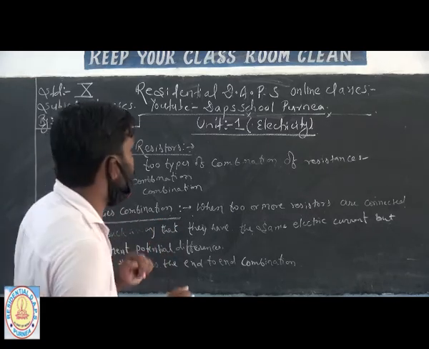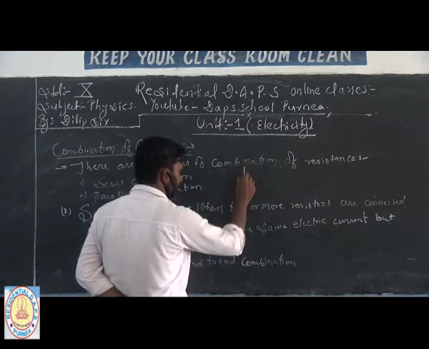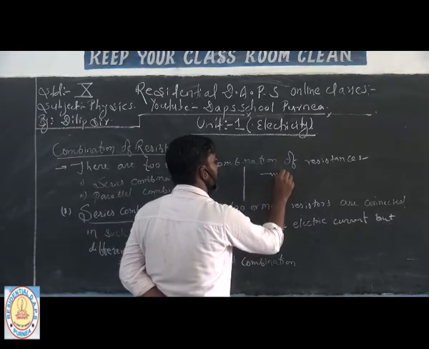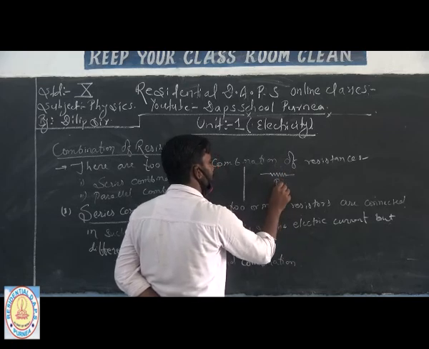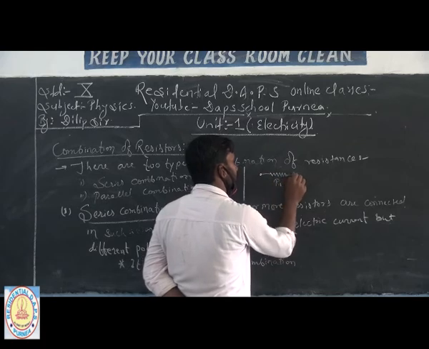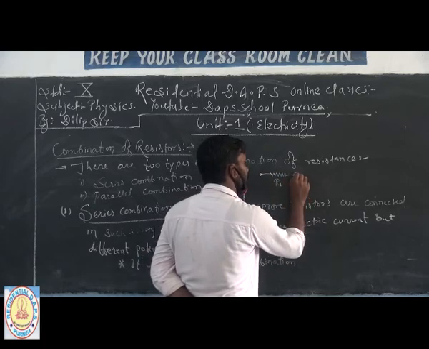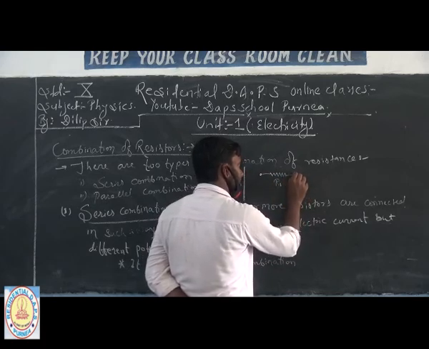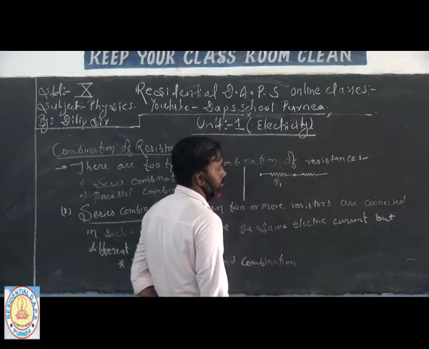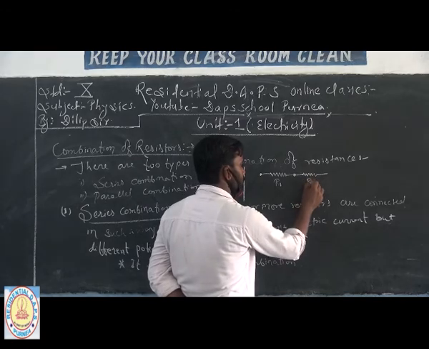End to end means what? Just look here. Let this one be the first resistor R1. Another resistor is connected from the second terminal of the first one. This is resistor 2.